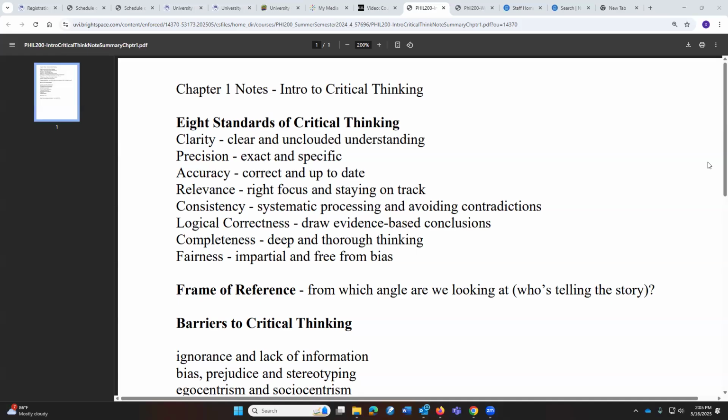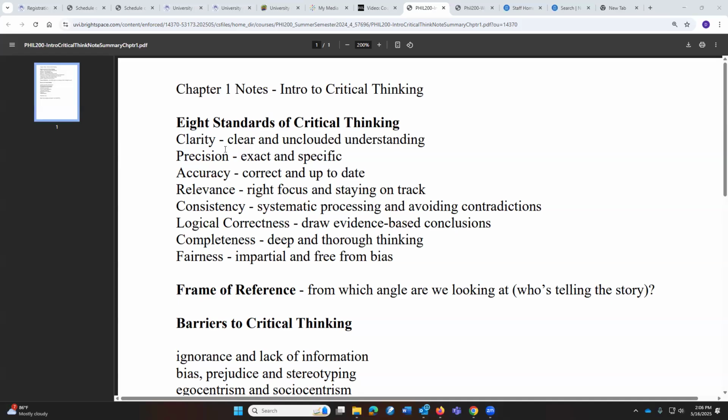You can't not think, right? We're always thinking. But just ordinary thinking is sometimes a passive activity. We don't have to do anything for it to happen. Even when we're asleep, right? Our dreams are a reflection of the fact that our brain is still working and we're thinking. But if we really want something awesome to come out of the thinking process, that's where critical thinking comes in. So we abide by these 8 standards.